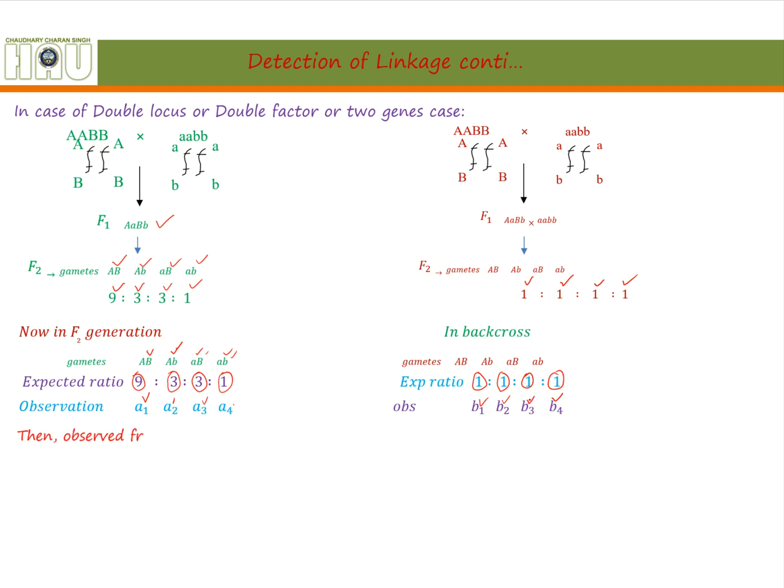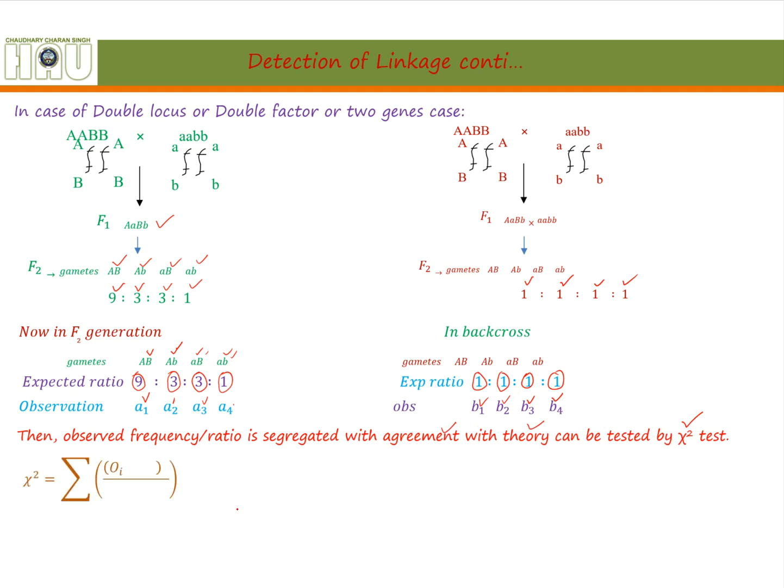Then the observed frequency, or you can say ratio, segregated in agreement with theory can again be tested by chi-square. The formula remains the same: chi-square is the sum over i from 1 to k, number of classes, of (Oi minus Ei) whole square divided by Ei.